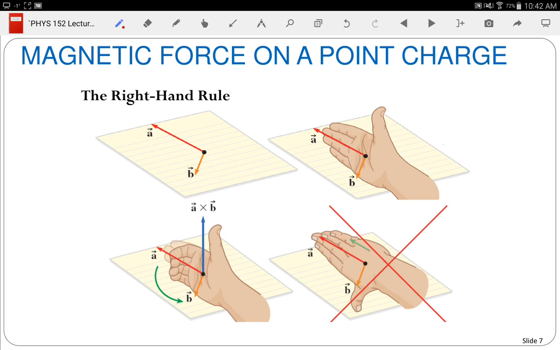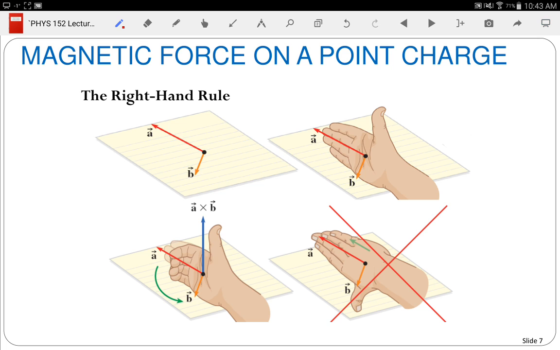Now I know some people can pull their middle finger back. Don't do that. Your middle finger needs to be on the palm side of your index finger, not the other side. So I have my index finger like that, middle finger like this. My thumb points the direction of the answer if I'm using my right hand. So what direction is the cross product between A and B in this picture?